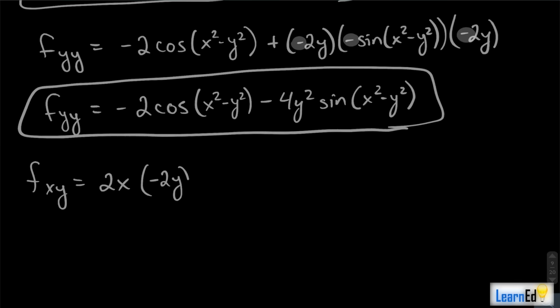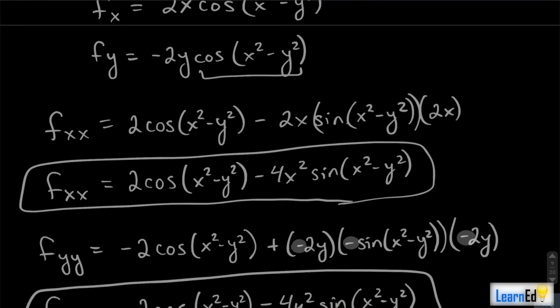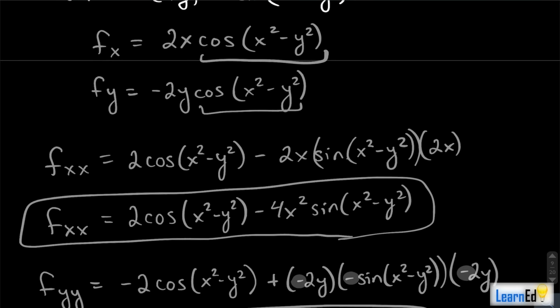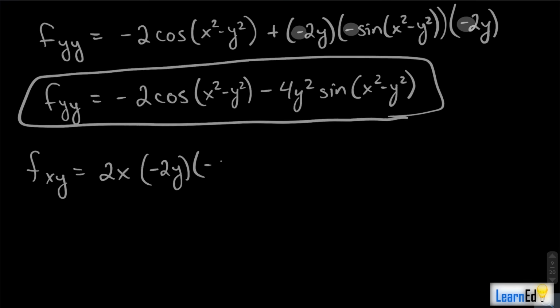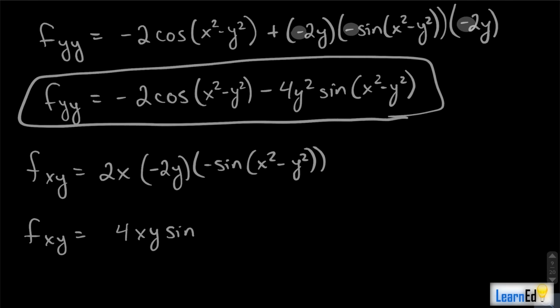So I'll bring that out, and then we'll convert this whole cosine of x squared minus y squared to negative sine of x squared minus y squared. So we get our fxy is equal to negative 4xy. And actually, since there's two negatives here, we're just going to make this a positive. So we'll have 4xy sine of x squared minus y squared.